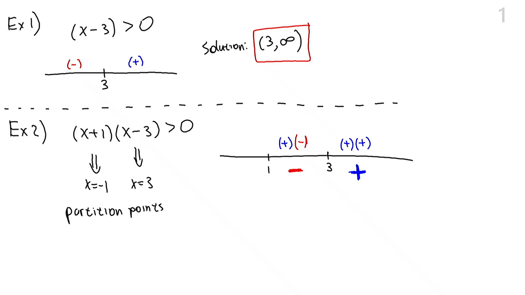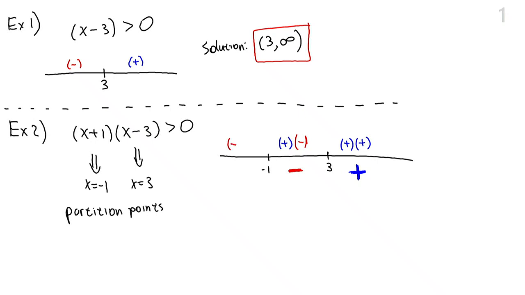Then we look at the last piece. If I plug in anything that's less than negative 1, I'm going to get negative numbers. So if I plug in, let's say, negative 2, negative 2 minus 3 is a negative number, and negative 2 plus 1 is a negative number.